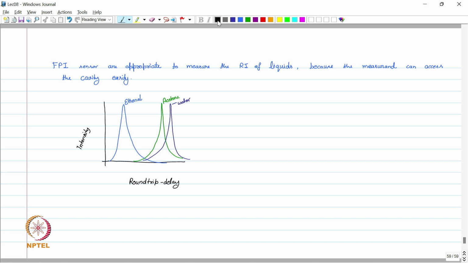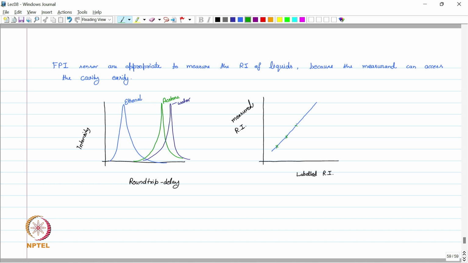And if we plot this measured refractive index of liquid, which is our actual measurement, versus what we actually know about that liquid, let's say the labeled refractive index, this kind of sensor performs pretty well, and we can see a very linear fit with the measured data.